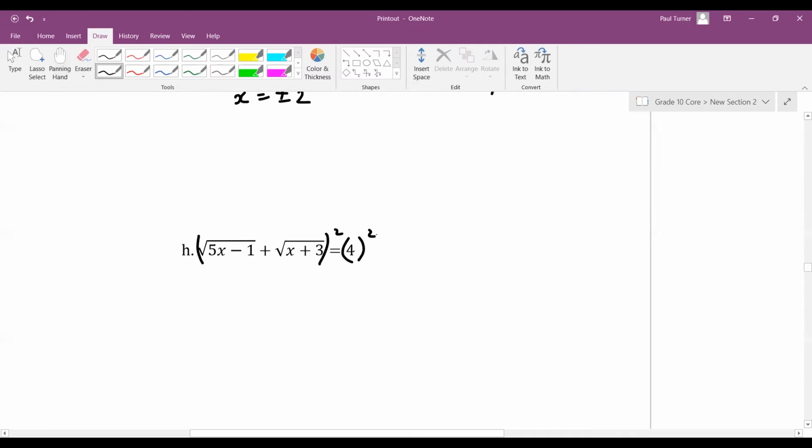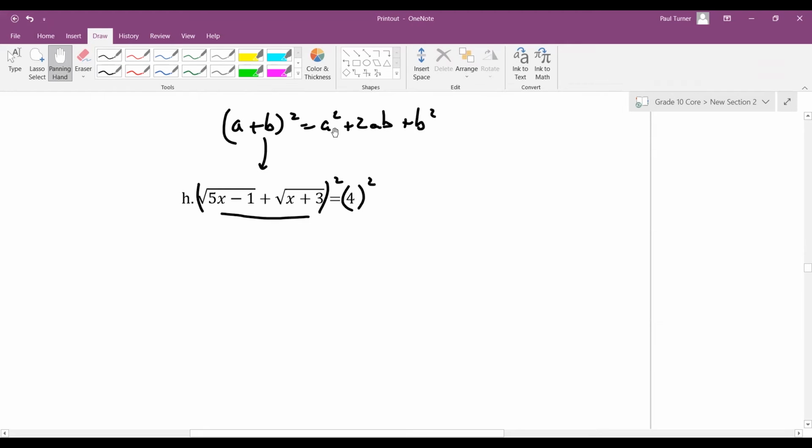Okay, so this is similar to what you saw in the last homework sheet. So we can use our a plus b squared rule here to expand it. A squared plus 2ab plus b squared. So use that rule to expand this bit here. And on this side, you'll have 16. So in this case, this is a. So when you square that, the root sign would be gone, wouldn't it?